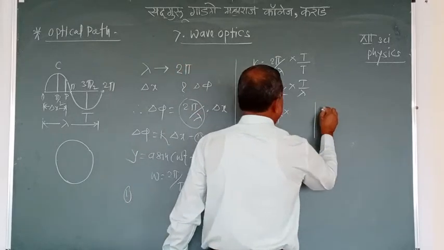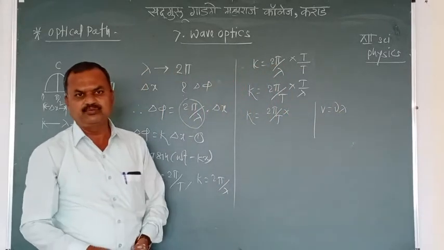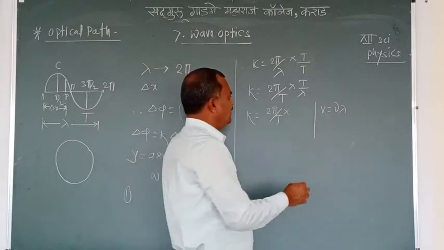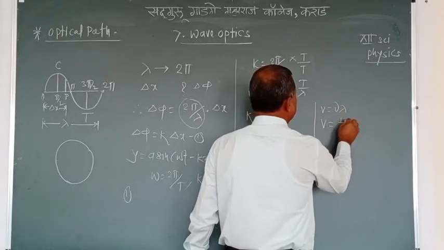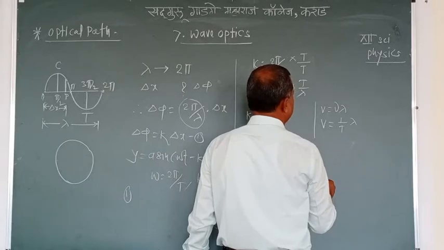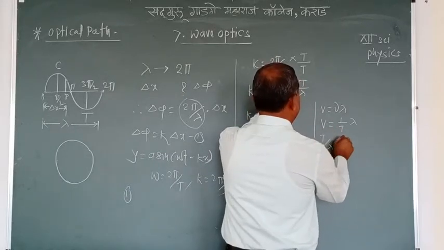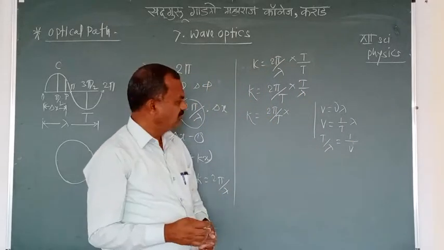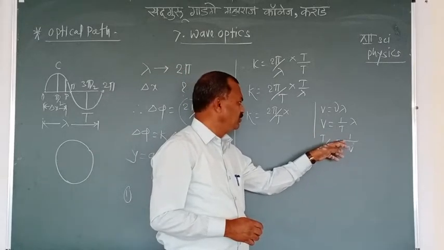we have the relation v equal to mu lambda. In the case of a wave, velocity of wave equals frequency into wavelength of that wave. Therefore, frequency mu, the reciprocal of periodic time, is 1 upon T, so v equals lambda upon T. By rearranging the terms, we get T divided by lambda equal to 1 upon v.